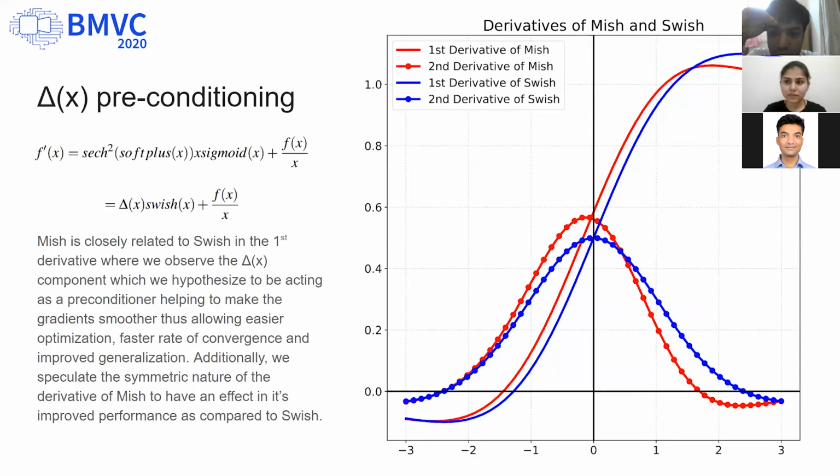In more mathematical terms, it basically modifies the geometry of the objective function to increase the rate of convergence for gradient descent. We know that gradient descent is essentially x_{k+1} = x_k - eta_k times the gradient, nabla f of x_k.